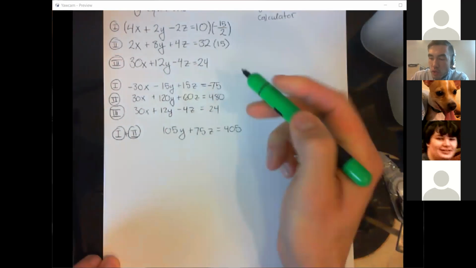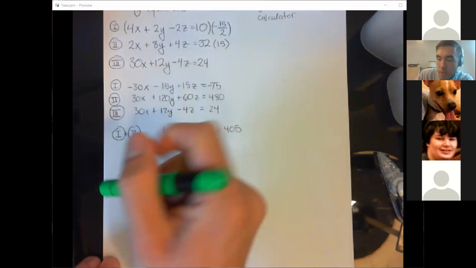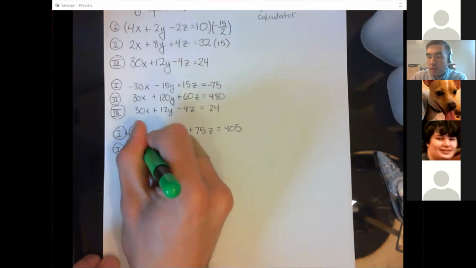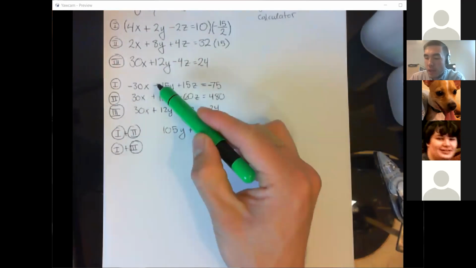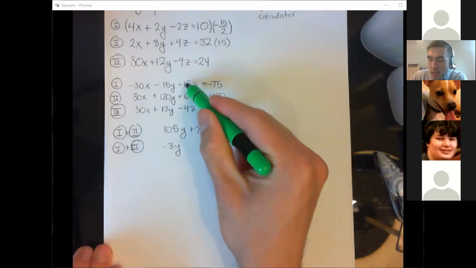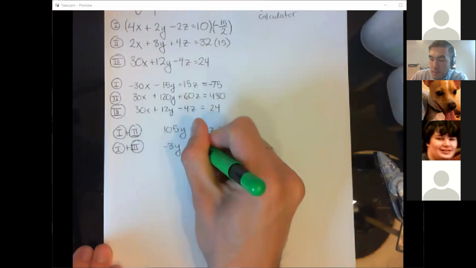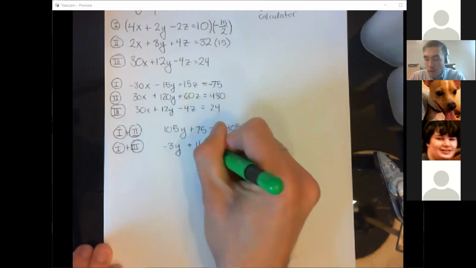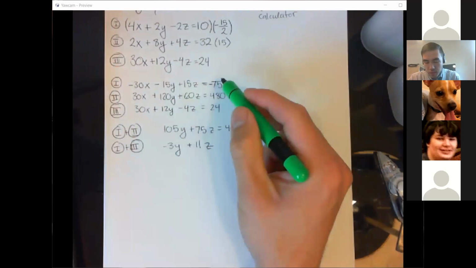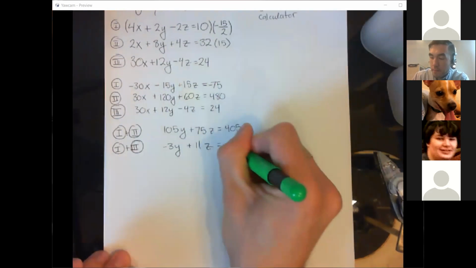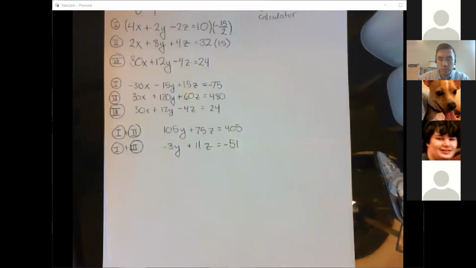And then I'm going to take equation 1 and also add it to equation 3. Again, the point of this is that it eliminates the x, and so we're going to get negative 3y, plus 11z. And then it'll be negative 75 plus 24, which gives us negative 51. Are there any questions up to there?